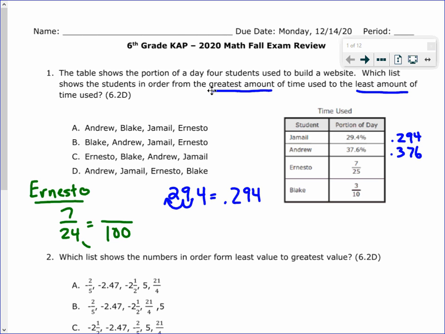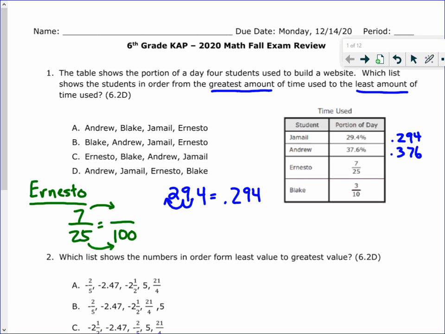So let's get that fixed here. Ernesto is 7 over 25. So we're going to be multiplying from left to right times 4 to find an equal fraction. So times 4. 7 times 4 is 28.